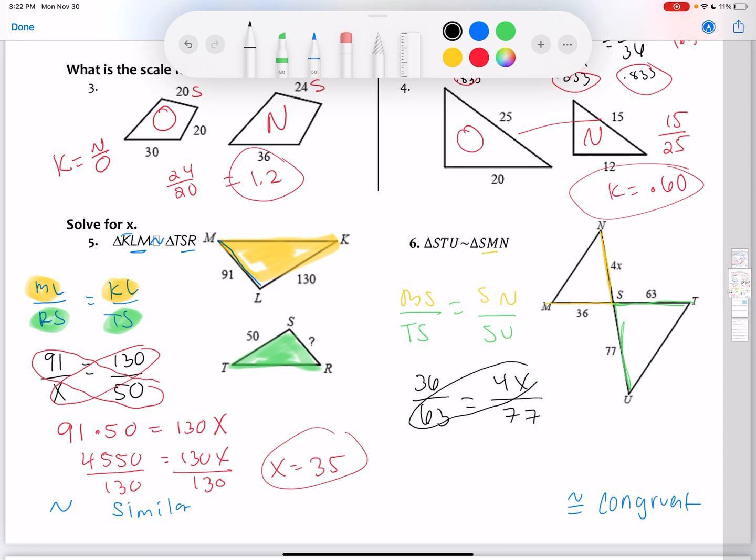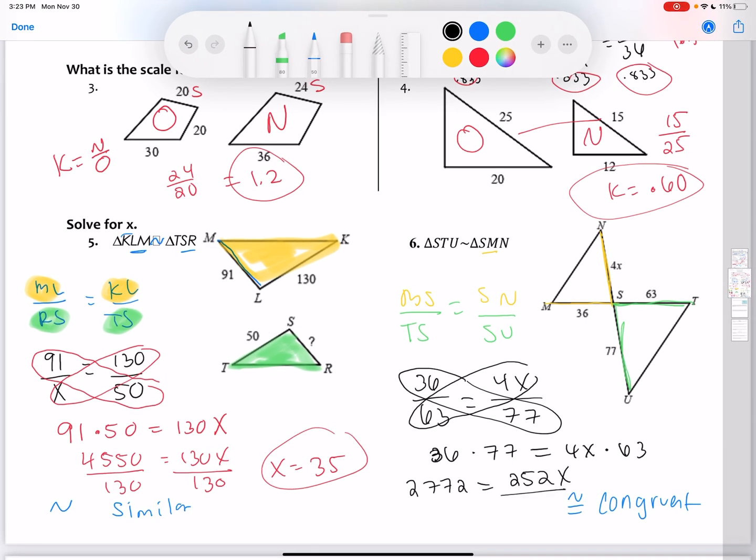We're going to cross multiply. So 36 times 77 equals 4x times 63. 36 times 77 is 2,772 equals, now I'm going to do 4 times 63. And that's 252.